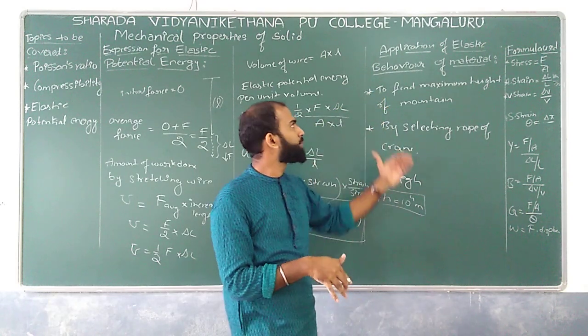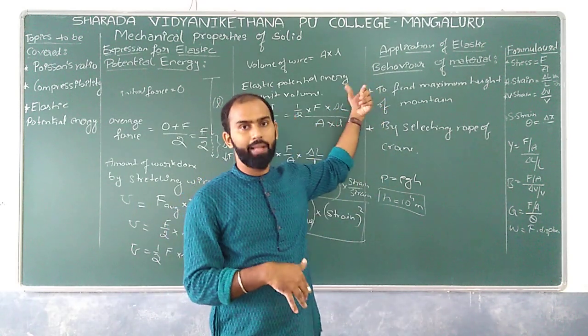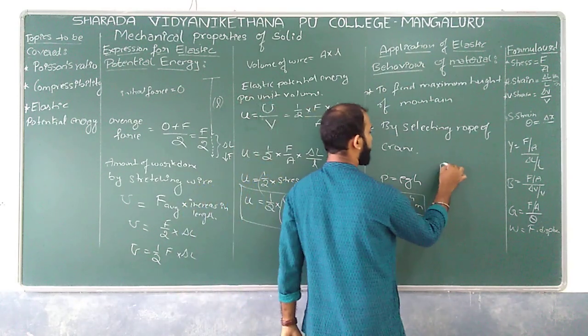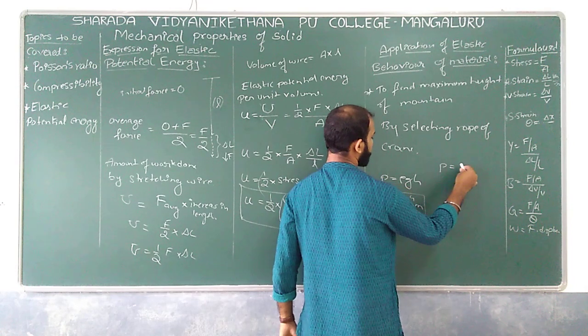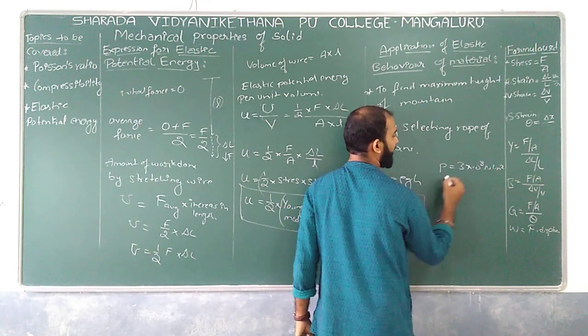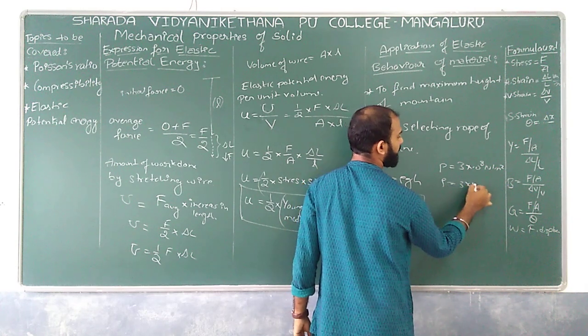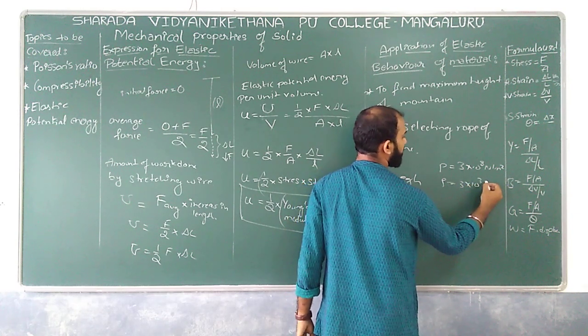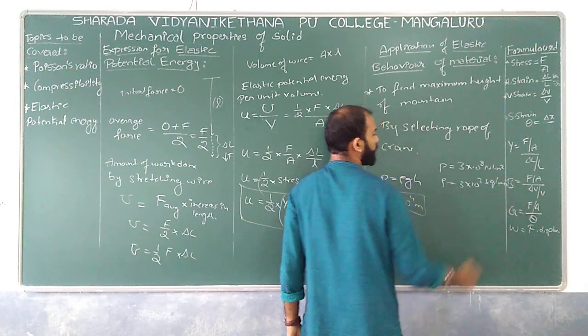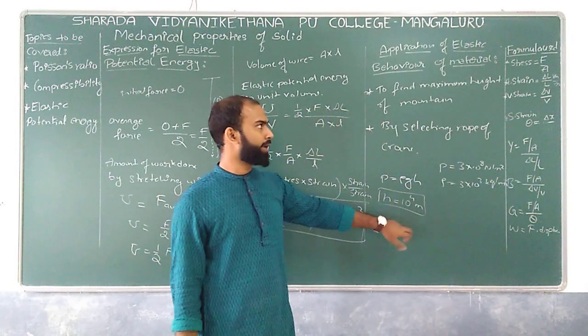Are you getting it? That's why we can use its elastic behavior as well. The pressure you can take as 3 into 10 to the power 8 newton per meter square, and the density as 3 into 10 to the power 3 kg per meter cube. If you substitute these values, you are going to get around this much.